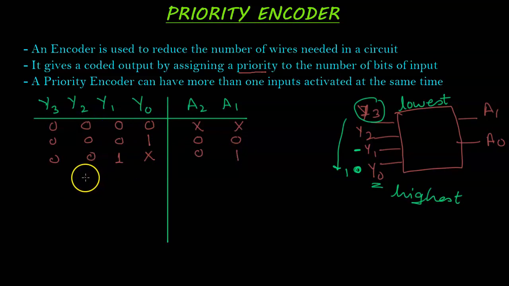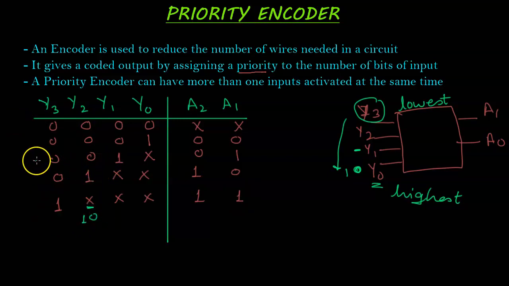Similarly, moving to the lower priority, Y2 is 1 and Y1 and Y0 are again don't care and the output is 1, 0. And for the lowest priority, Y3 is 1, then Y2 is don't care, Y1 is don't care, Y0 is don't care and the output is 1, 1. Just to remind you what is don't care, that means it can be 1 or 0.